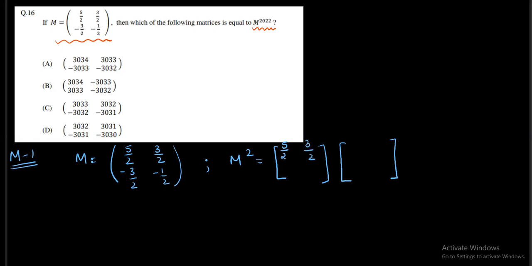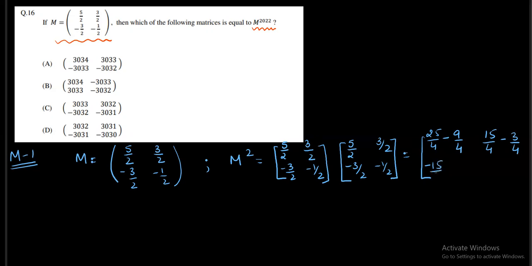The matrix is to be multiplied with itself. So first row, first column, second row, first column, and so on. When you multiply them together, you will get here 25/4 minus 9/4. After that, first row, second column gives me 15/4 minus 3/4.